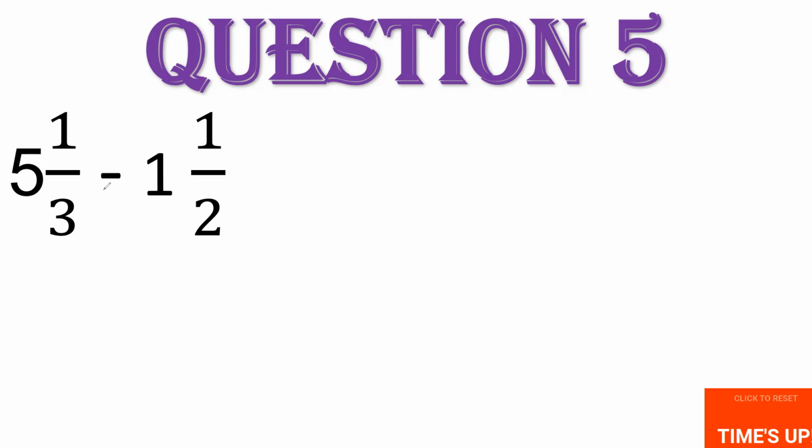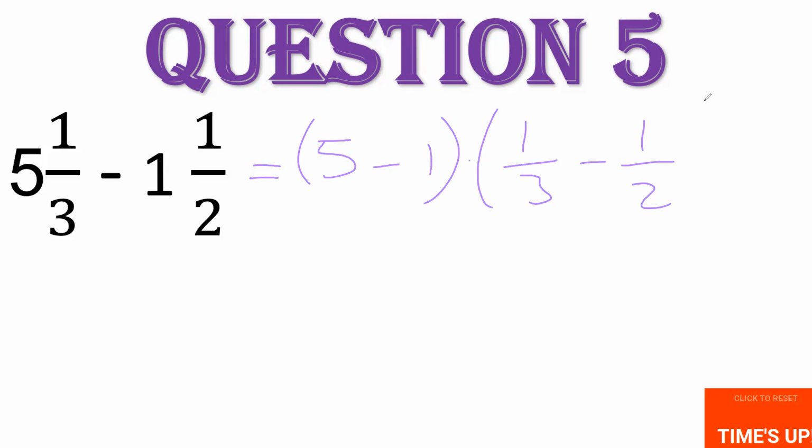First one, 5 minus 1 is 4, and then 1/3 minus 1/2. All right, let's continue. We are going to use 2 options for this question. 5 minus 1 and 1/3 minus 1/2.